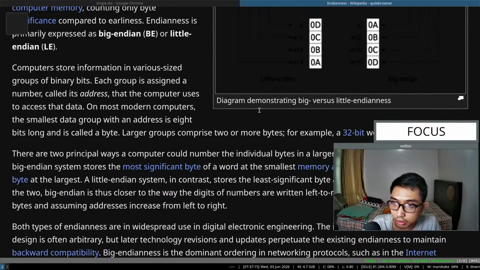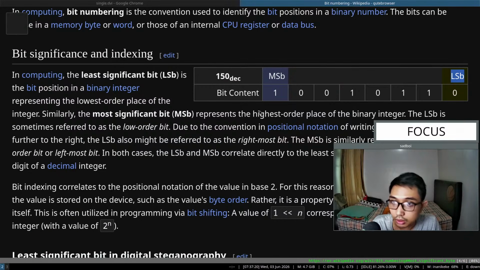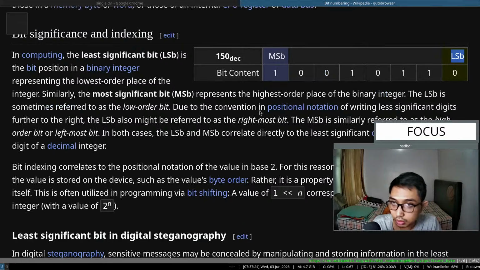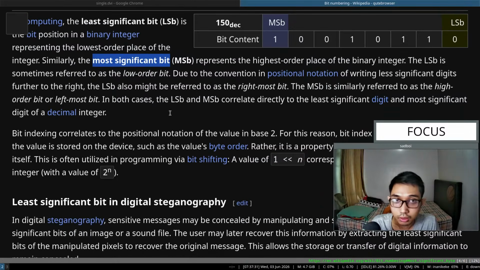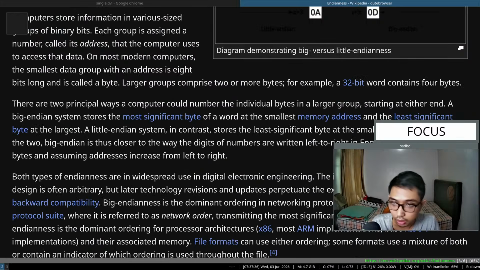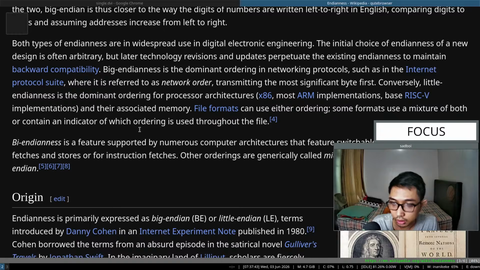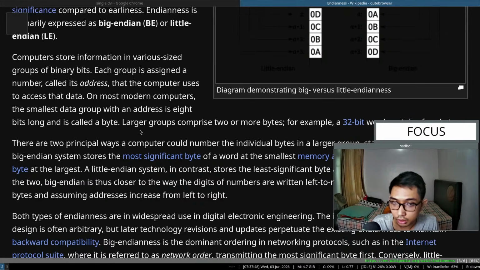I mean, sometimes it is called byte, sometimes it is called bit. So yeah, I'm not sure. Does endian work in memory address scope or in the bit scope?